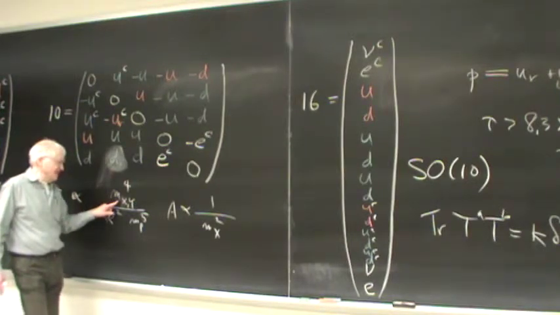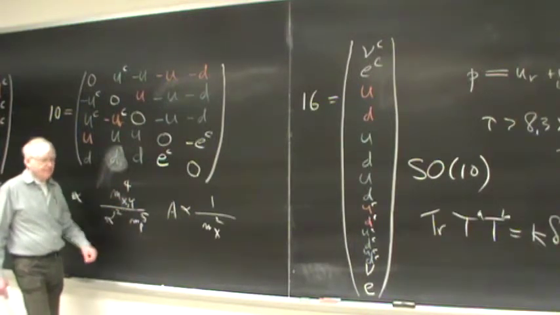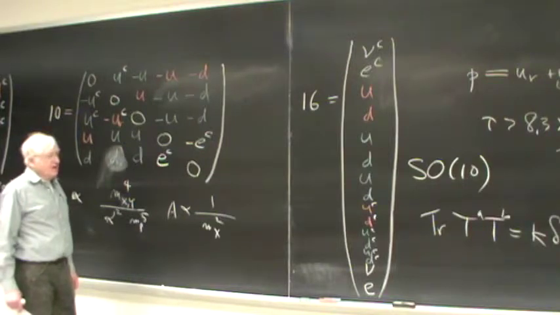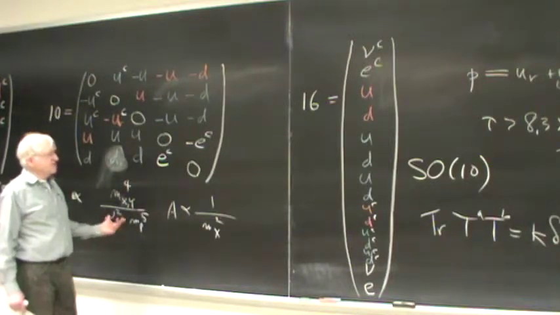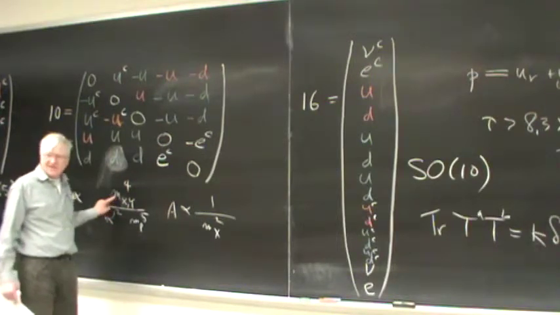People knew that this X and Y mass was going to have to be pretty big, for sure. And the question was, how big? Well, way beyond ordinary energies. And so the unification doesn't really occur until you're at an energy scale that's at least this big, if not bigger.